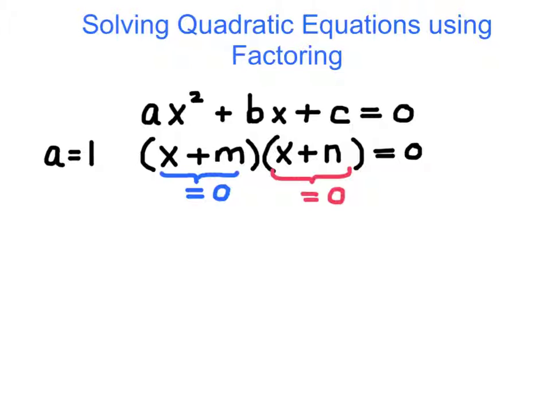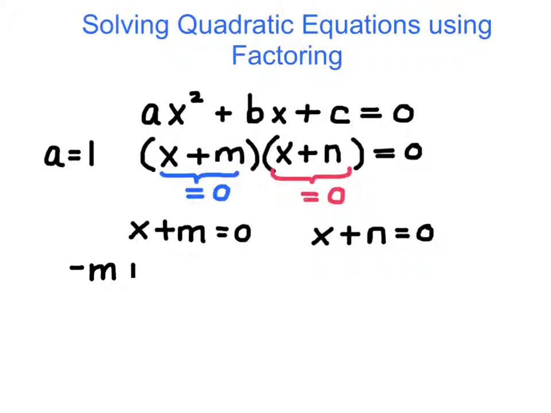So what does this mean? It means we could say that either x plus m is equal to 0, or x plus n is equal to 0. If we look at this first equation and want to solve for x, we use the addition property of equality by adding to both sides of the equation a negative m, the additive inverse of m.